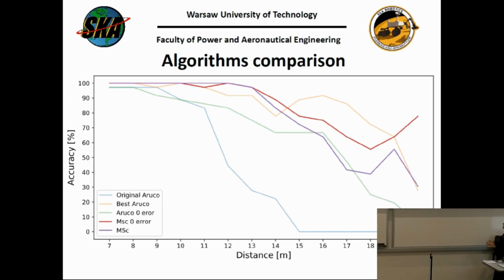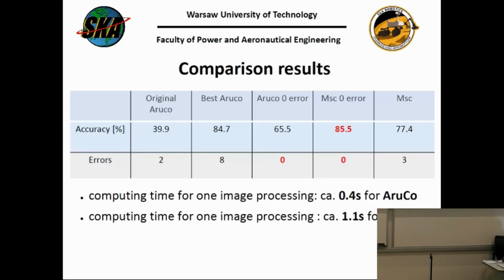We can see that without parameters optimization, its accuracy performance was quite worse. So to sum up, my algorithm turned out to be the best on this image dataset after automatic parameters optimization.